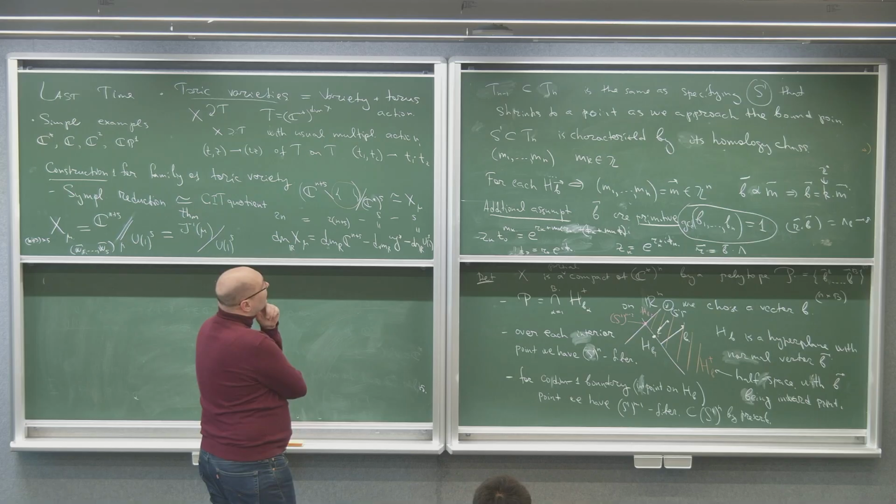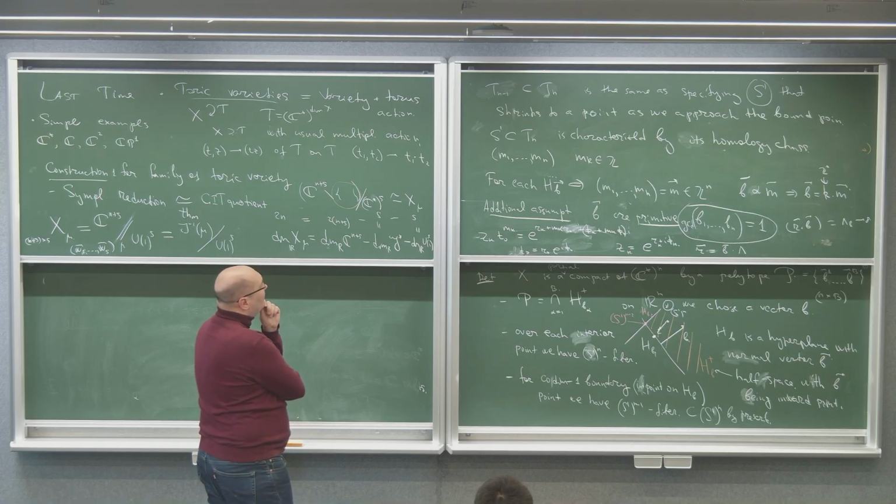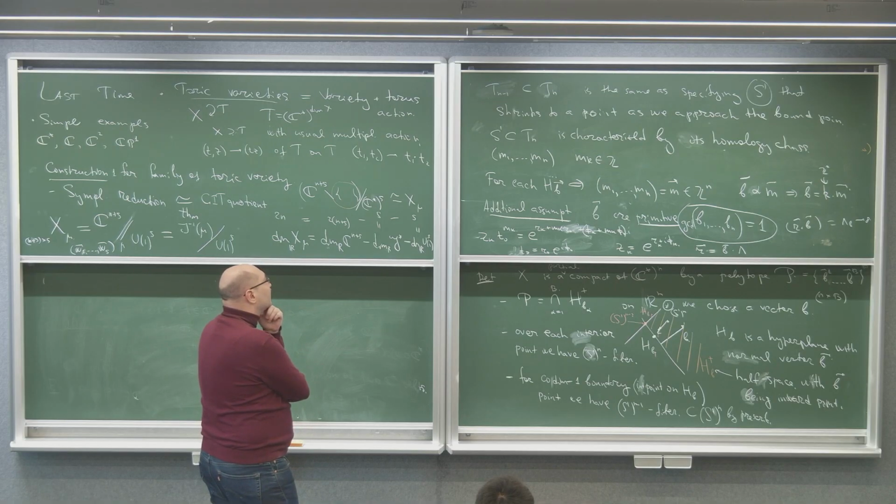Okay, so shrink near the hyperplane, and on the hyperplane, I think it should be a quotient by an S1 action with some weights. Yeah, I agree. It should be a quotient.